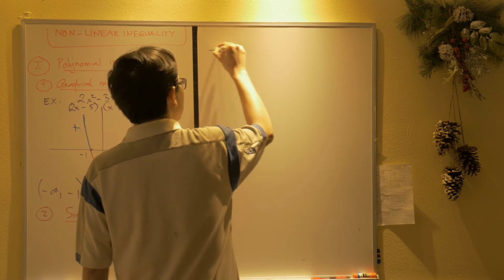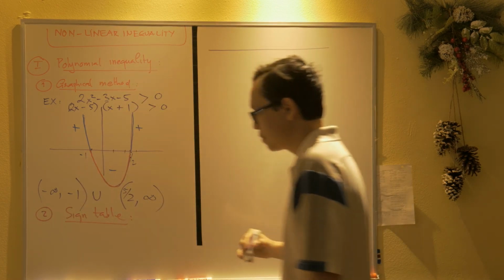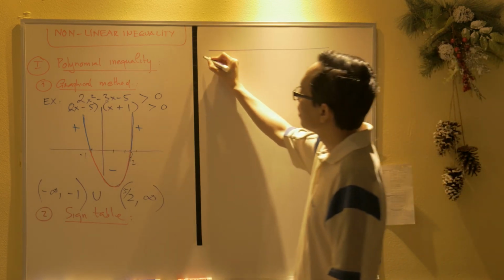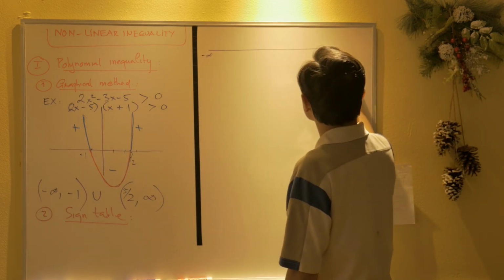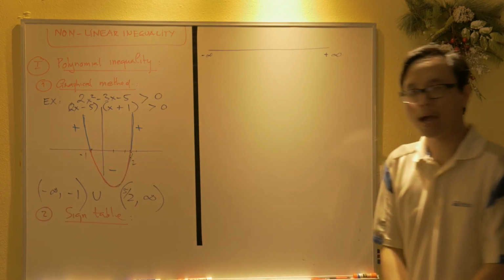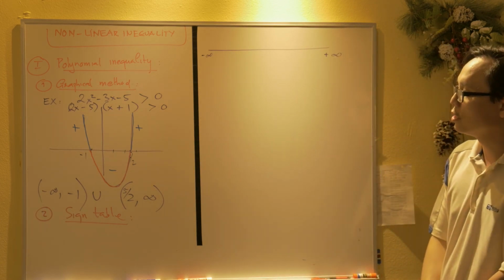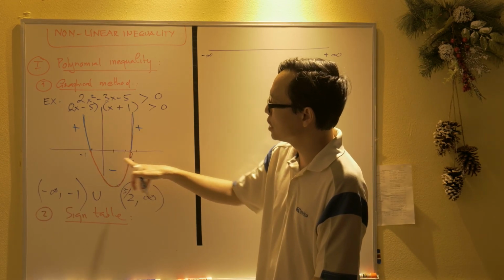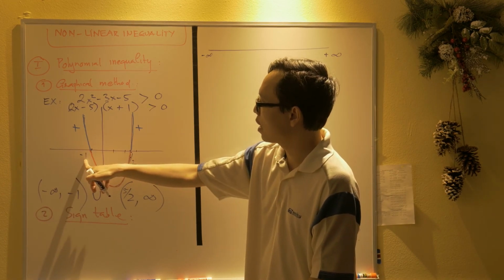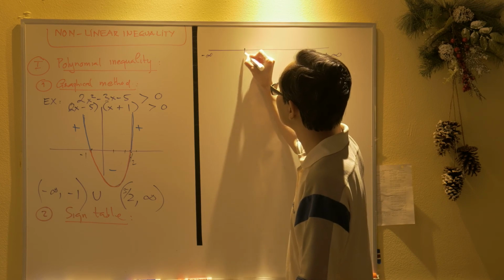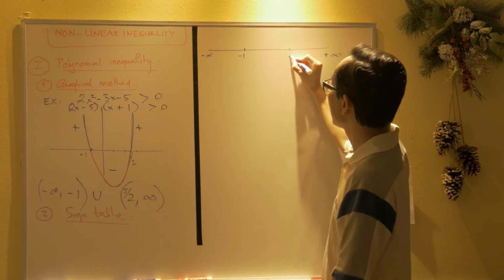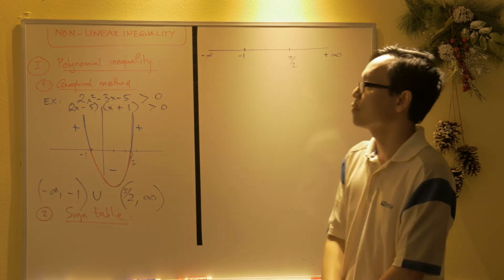In order to set up the side table, you draw the number line, and on that number line, you mark negative infinity to positive infinity. On that number line, I mark the two x-intercept values. In this case, negative 1 and 5/2. So 5/2 must be on the right hand side of negative 1.